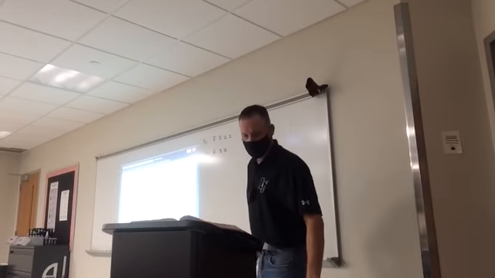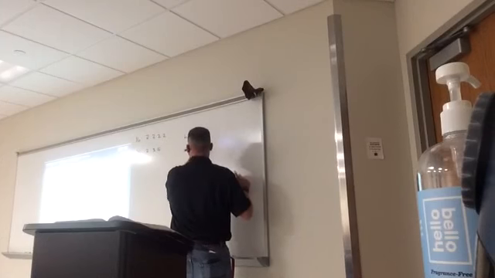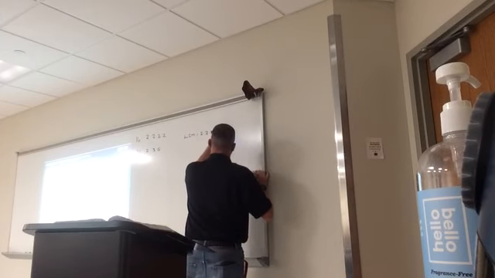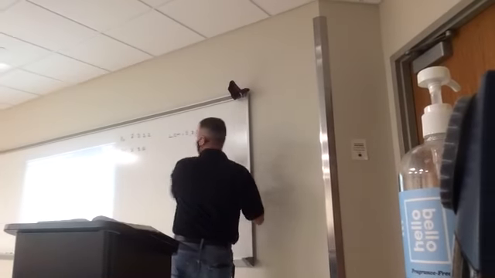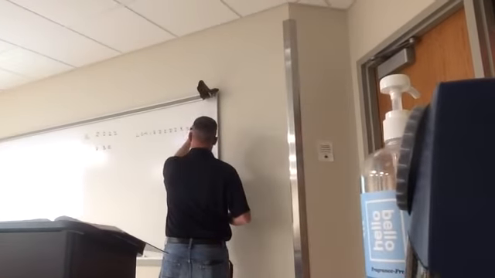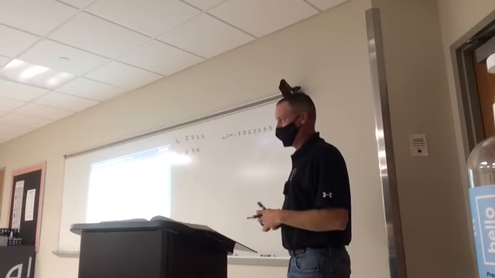What they said was the least common multiple, they have 2 to the 5th, which is 1, 2, 3, 4, 5 twos, a 3, and a 5. So they said that our least common multiple in this problem is 480. Okay? This is wrong. Let's determine why.